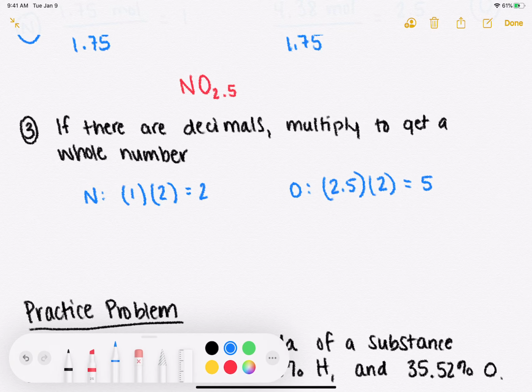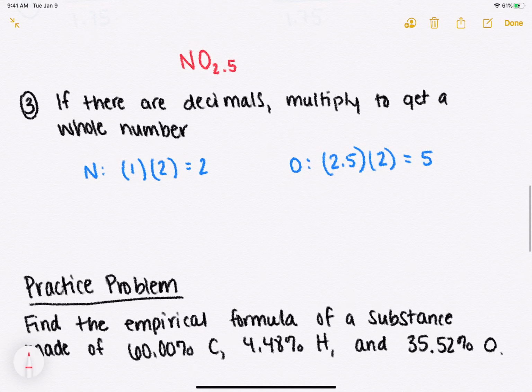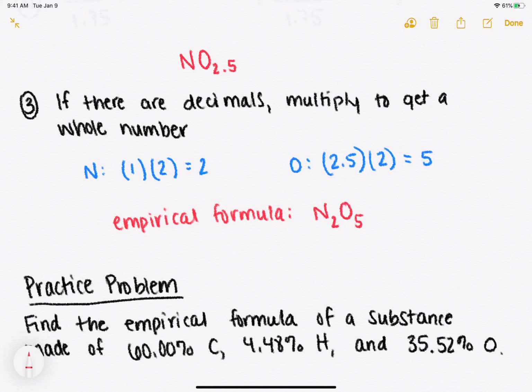So now that will give us our empirical formula, which is N2O5. And that is our final answer to this problem. So let's do another for practice using these 3 steps.